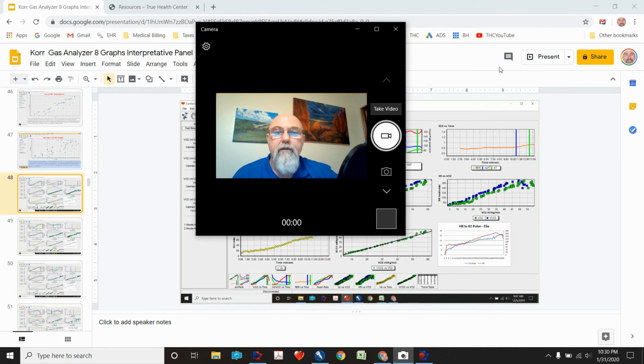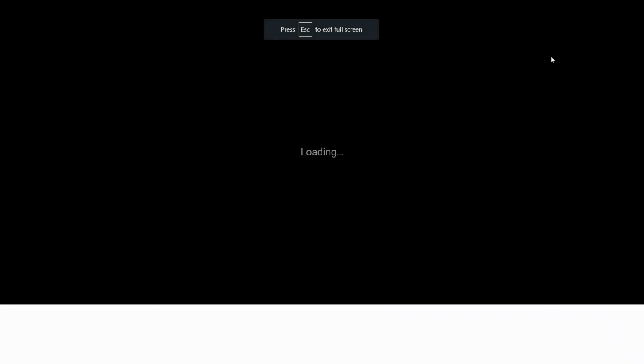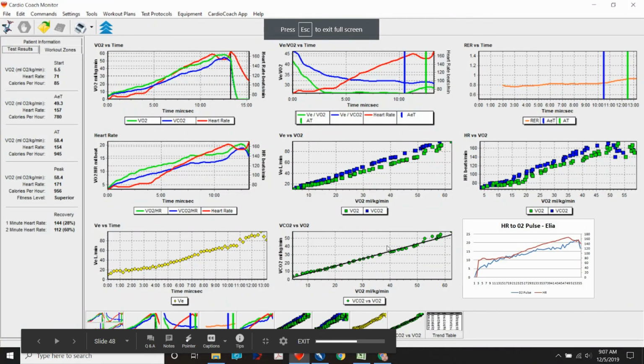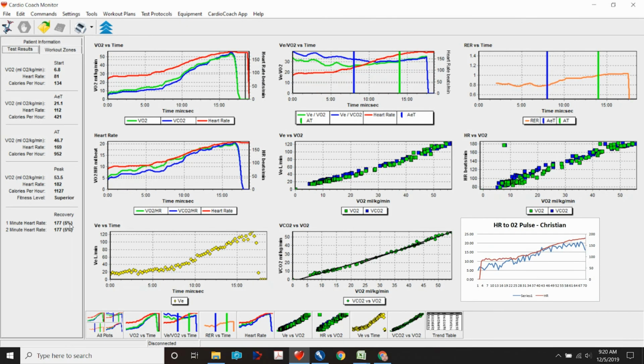Okay, I thought we'd just look through a bunch of heart rate recovery numbers together, so let's do that really quick. Down I go, and up this one goes. And the first one we see is Elia here, and we look 28%. From 171 to 144. Let's move on. Next one we see is 5%. This is on Christian.